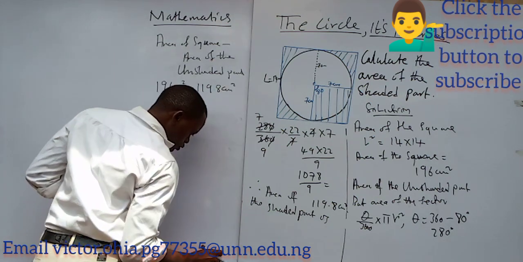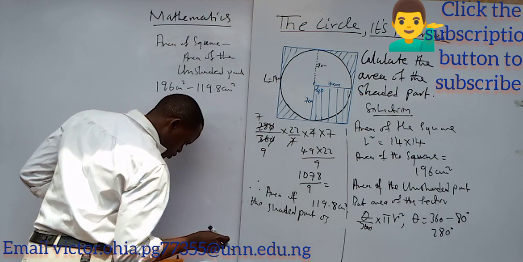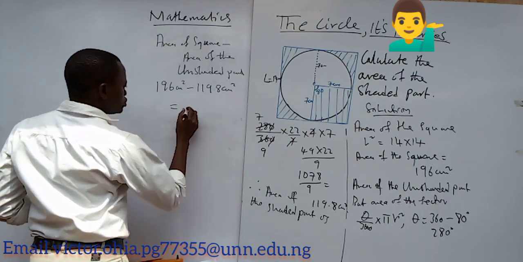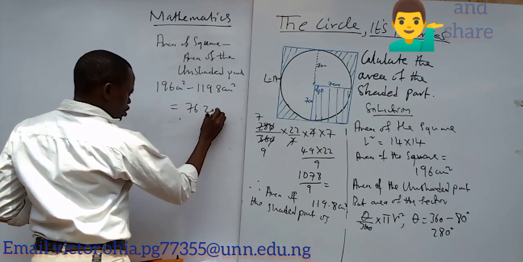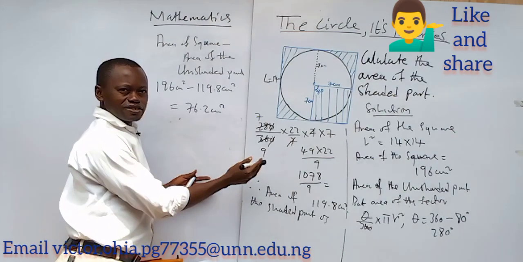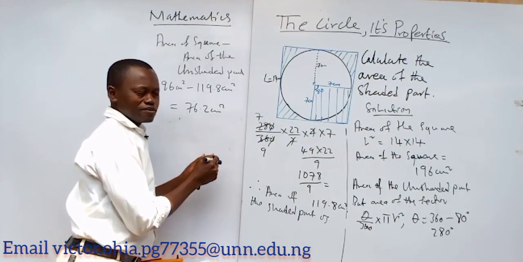So that will give us, from my calculation, 76.2 cm squared. So this is how we go about this.